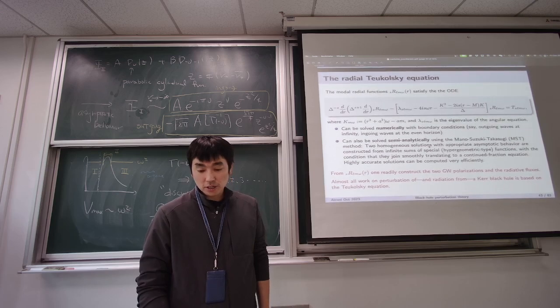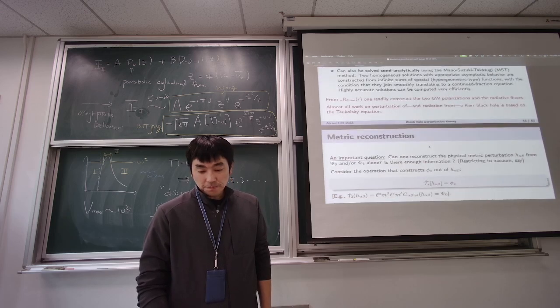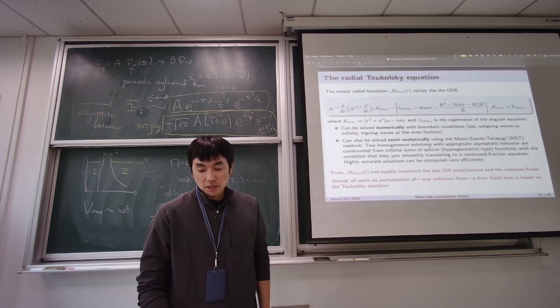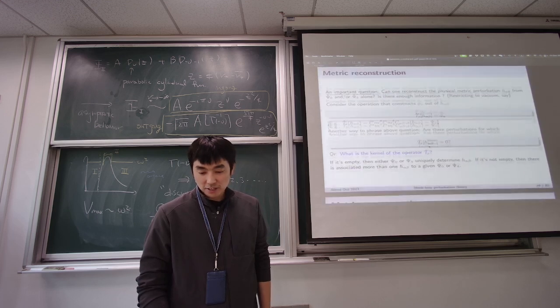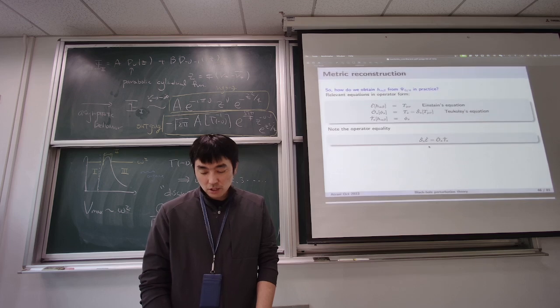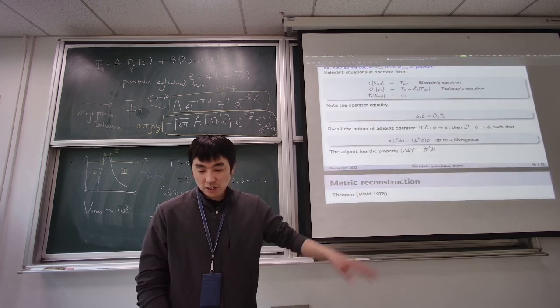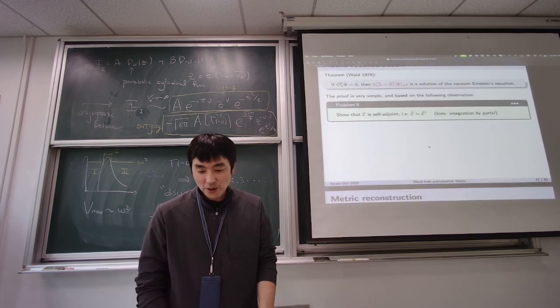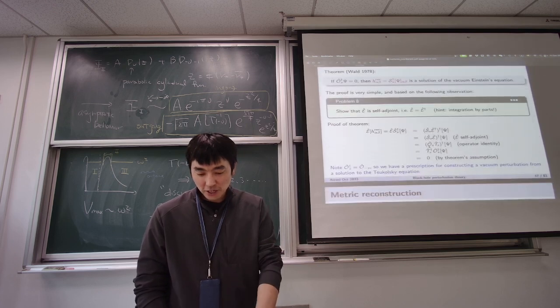So those are the Kerr case. That's why I just wanted to show this via slides. The rest of the slides go beyond my expertise, so I'm not going to go into the detail.